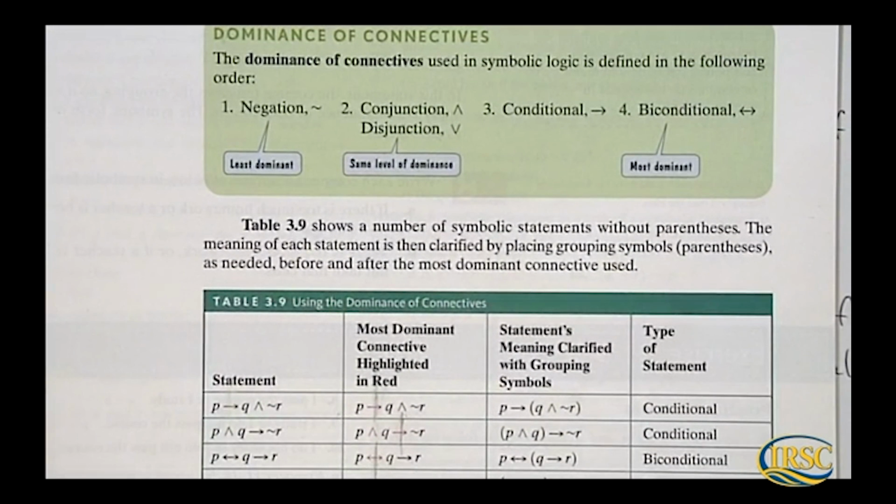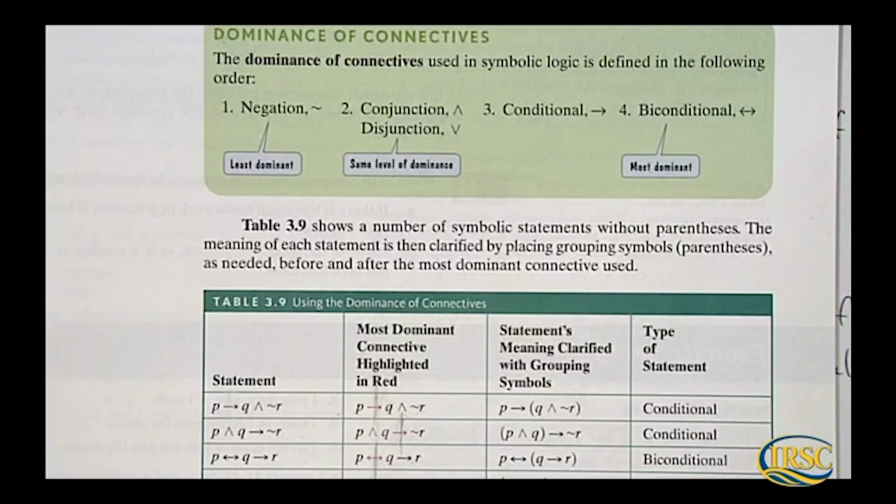Looking at the green part at the top, the least dominant symbol is the negation, and next would be the conjunction and disjunction. Notice that they go together; and, or are the same level of dominance. The next one would be the conditional, and the most dominant symbol is the biconditional, the double arrow.